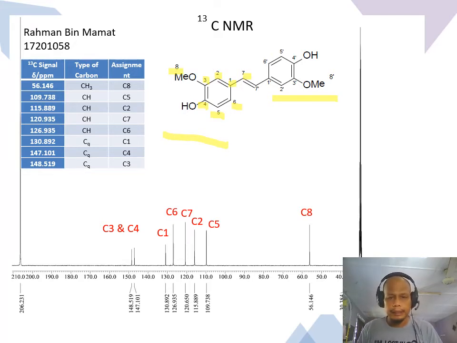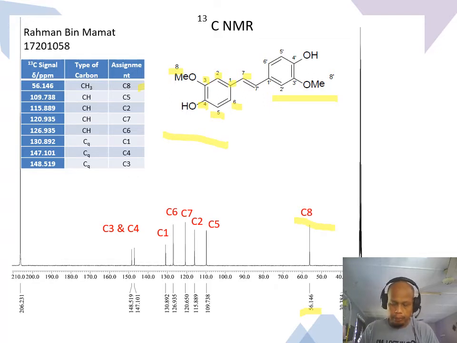As you can see, carbon 8 is easily detected on the signal at 56.146 ppm here, because of the aromatic benzene here.